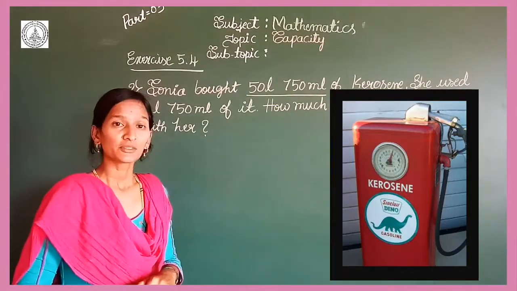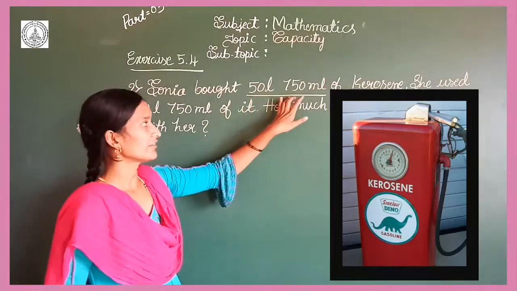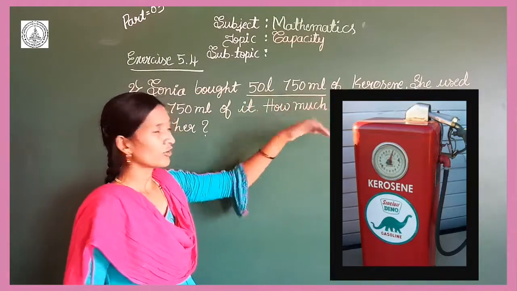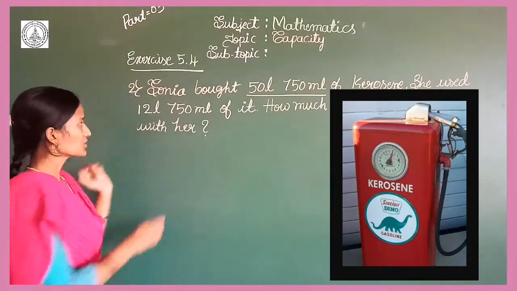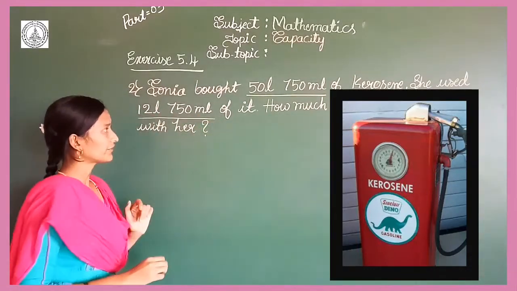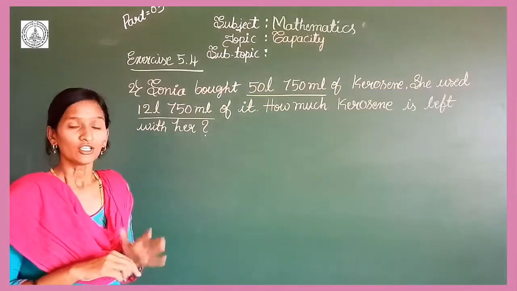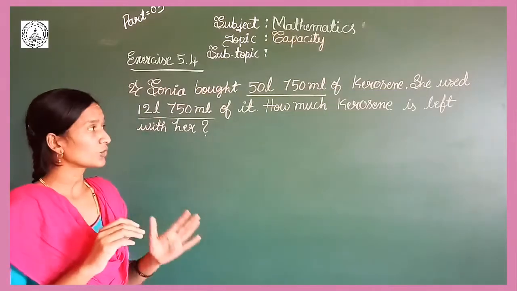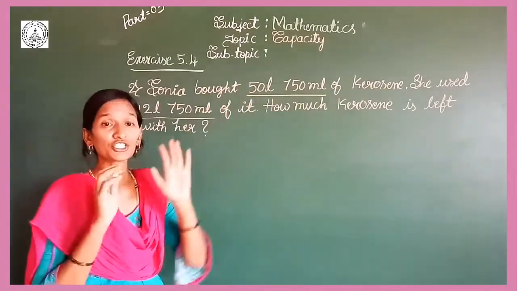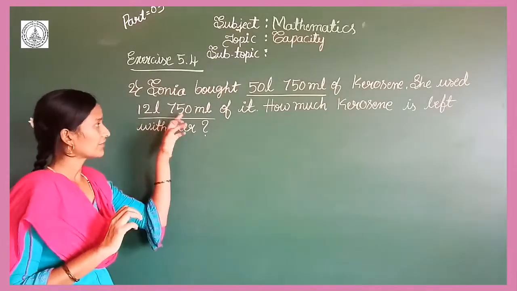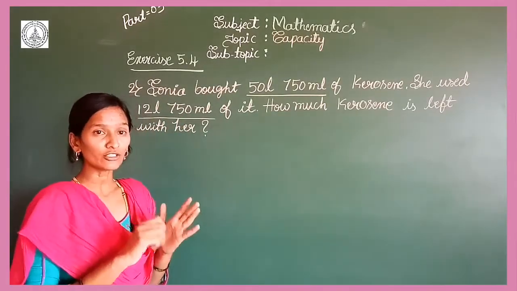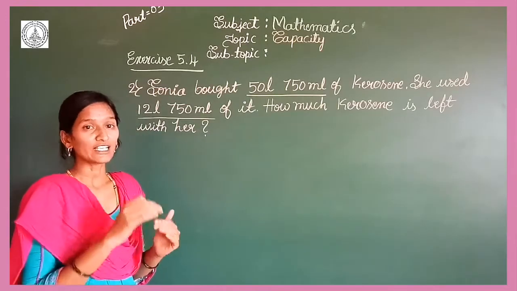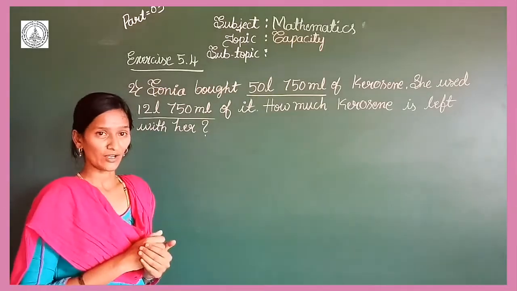Okay, first she bought 50 liter 750 milliliter of kerosene in a shop, right? The next, she used 12 liter 750 milliliter of it. So here you have to find out how much kerosene is left with Sonia.